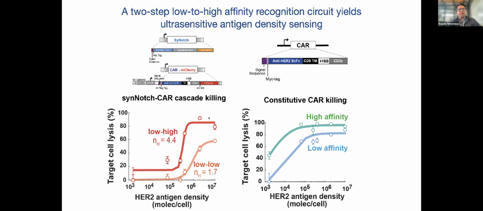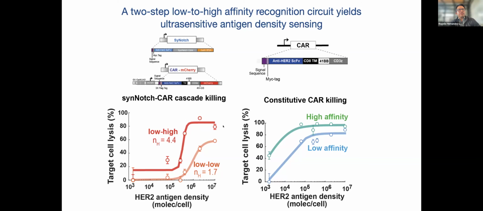And here what I'm showing you is the result of some of these assays, where on the x-axis you have the antigen density of the HER2, and on the y-axis you have the target cell killing. On your left are the results for these circuits, the SynNotch-CAR, and on the right you have the results for T cells that all the time express the CAR on their surface.